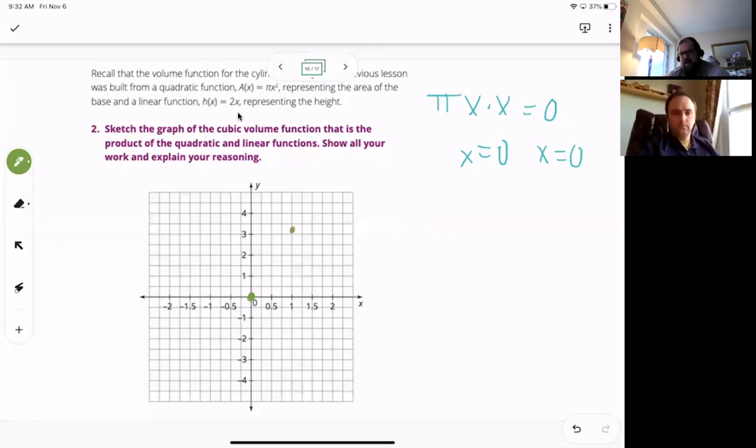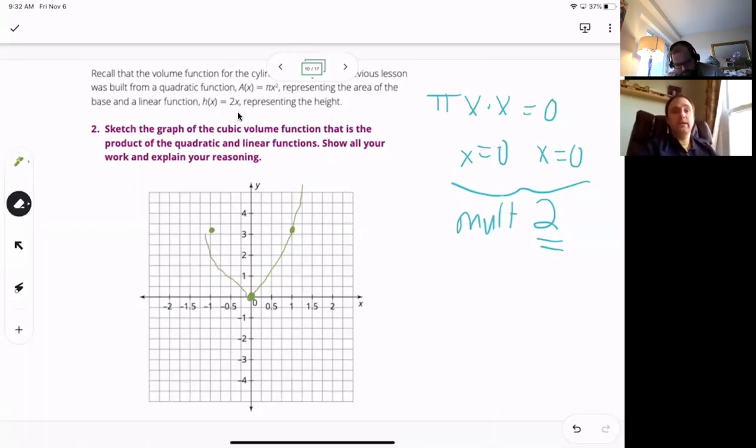And then -1 times -1 would also be 1. We're going to see the same thing, which hopefully is not too much of a surprise, because x squared is a parabola, and we know that parabolas are symmetric. This would be something that looks roughly like this. And I added that term multiplicity 2 to reiterate what we have previously talked about.